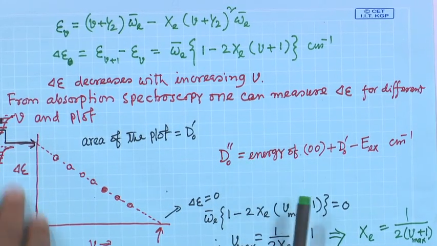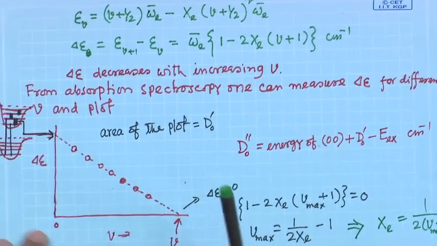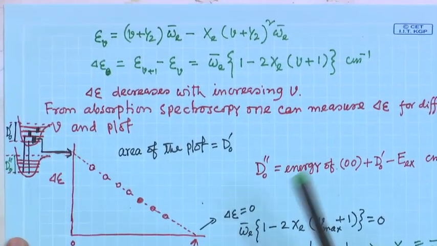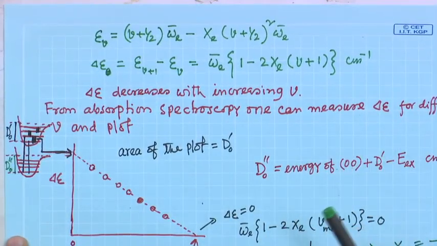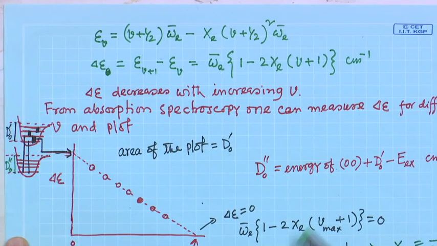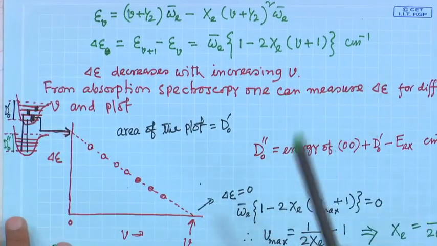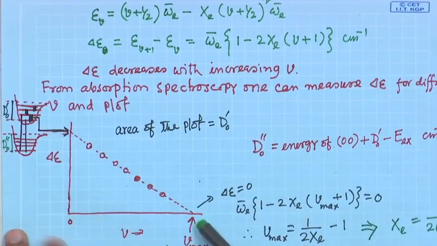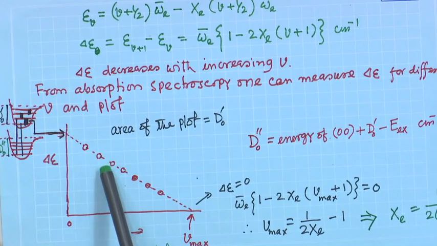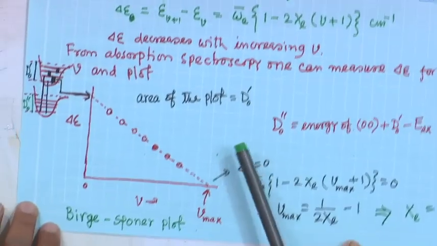Absorption spectroscopy is frequently used in the laboratory. In fact, in our laboratory we also use this for an experiment where students plot delta G versus V, and that is called the Birge-Sponer plot.